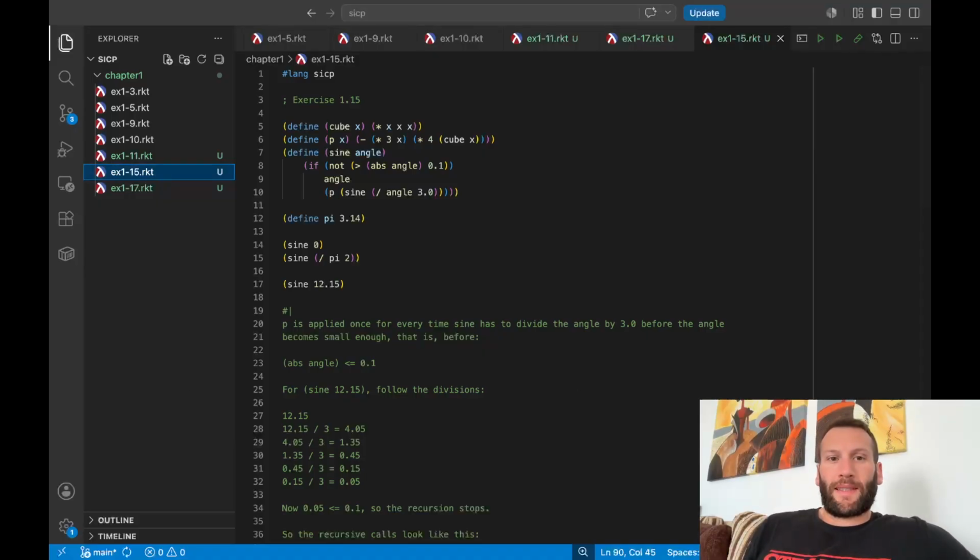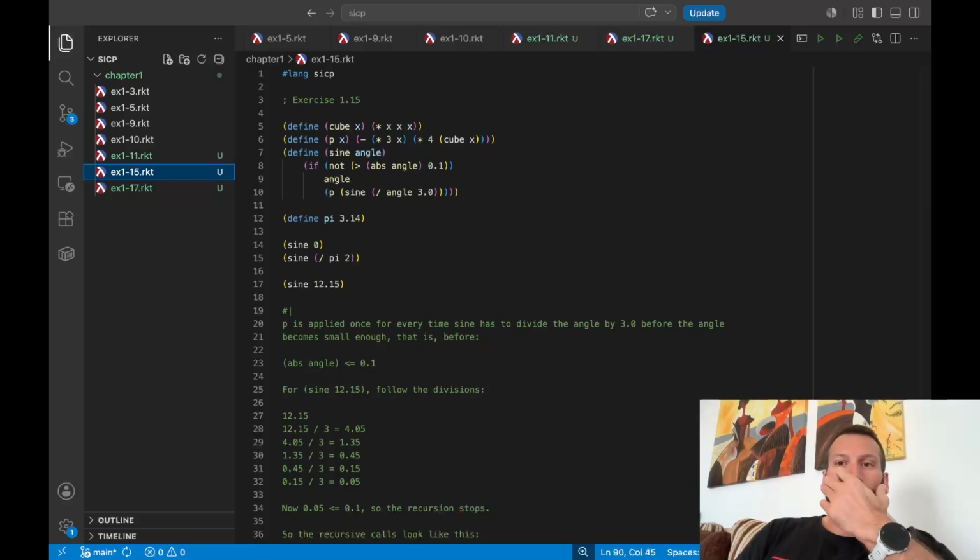The text of exercise 1.15 reads: the sine of an angle specified in radians can be computed by making use of the approximation sin of x is approximately x, if x is sufficiently small, and the trigonometric identity sin x is equal to 3 multiplied by sin of x divided by 3 minus 4 sin cube of x divided by 3 to reduce the size of the argument of sin.